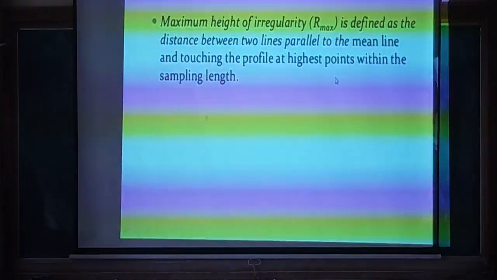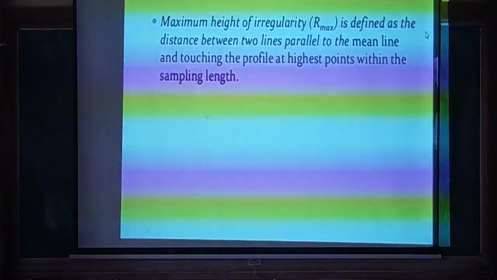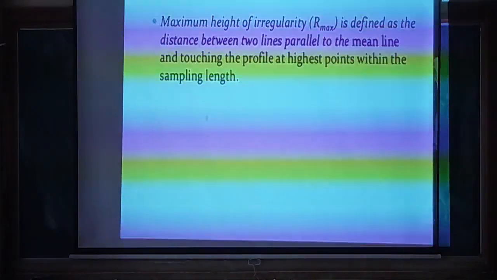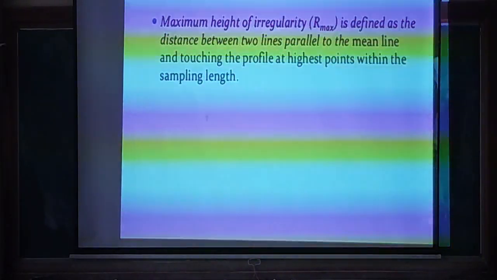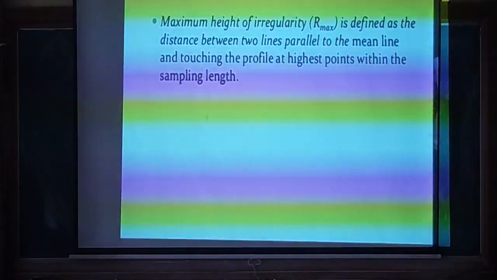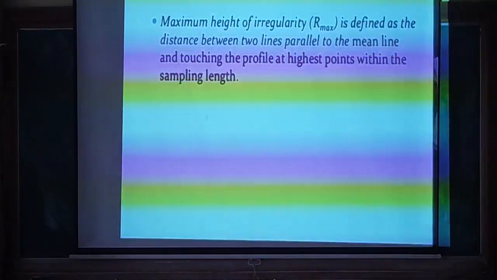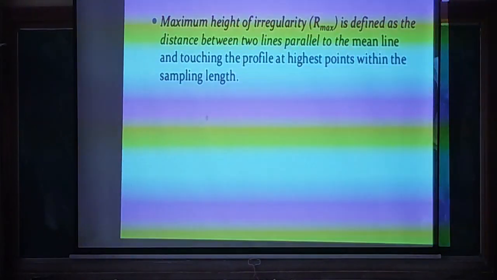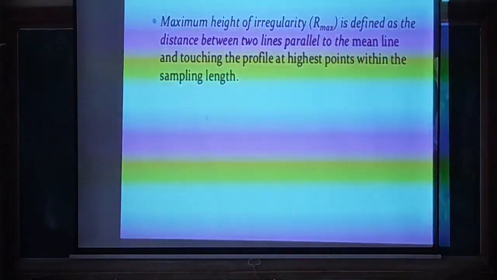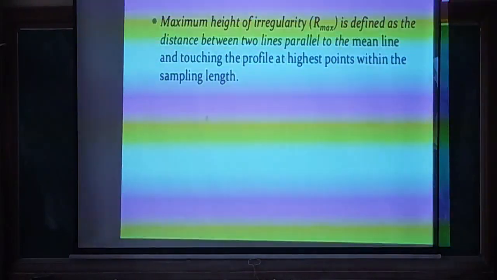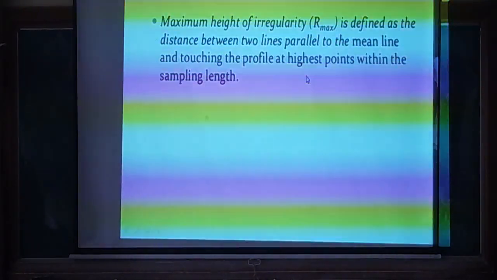So here we draw two lines parallel to the mean line, one touching the highest peak point and the other the deepest valley. That is called the maximum height of the irregularity.